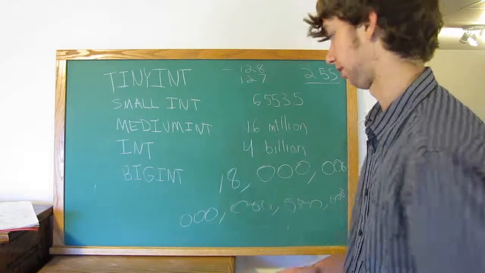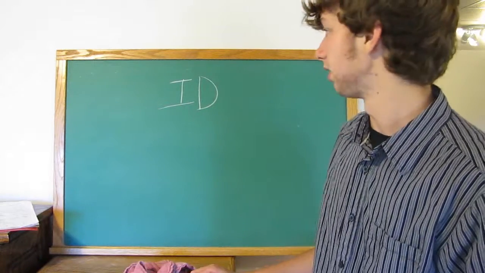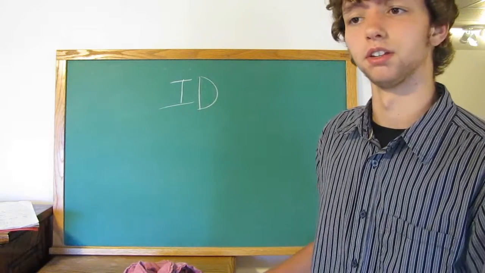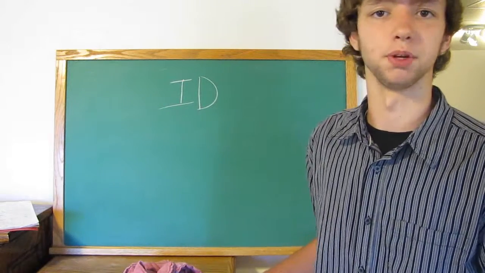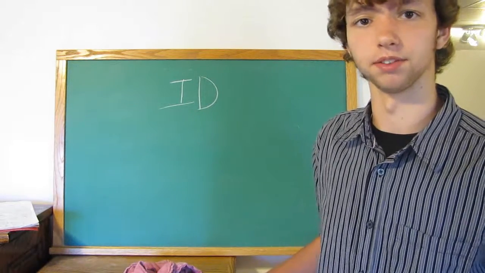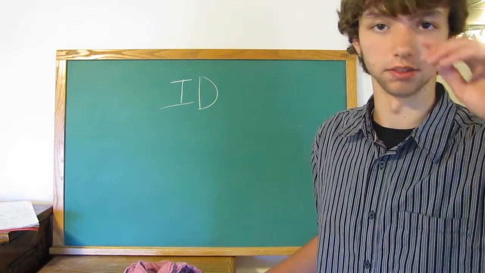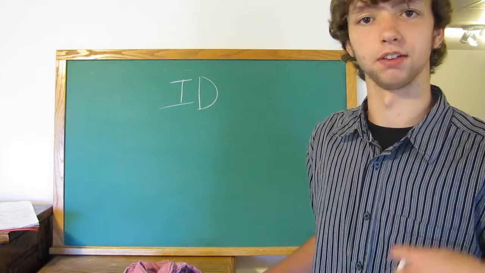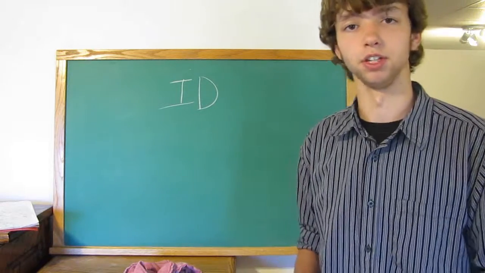It just makes sense. If I have you sign up for a website and each person gets an ID and it goes up each new member, then let's say we expect 2,000 members, then small int will work because it allows up to 65,535. But when you go past that, you're going to have medium int, which is like 16 million.